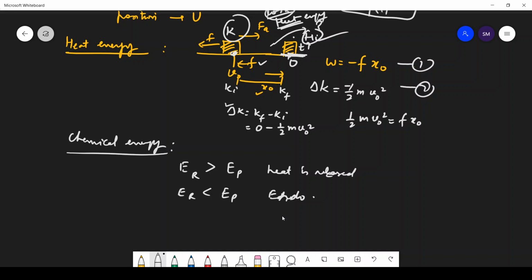So chemical energy is associated with the forces that give rise to the stability of substances. These forces bind the atoms into molecules and molecules into long polymer chains.